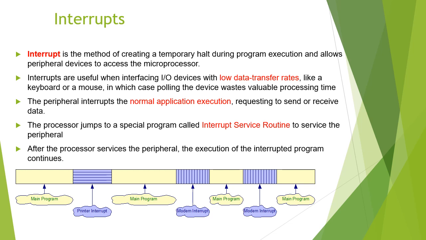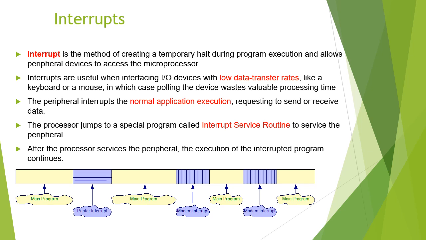So basically, the advantage of an interrupt when it is coming from hardware peripheral devices like printer or keyboard, mouse, etc. is that the CPU does not have to waste its valuable processing time by polling such devices.